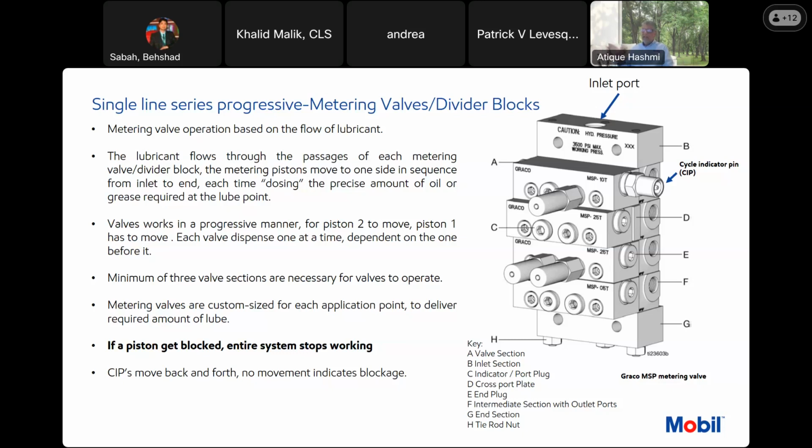But all 5 bearings have different grease requirements. For example, bearing 1 would need the lowest amount of lubricant per hour because it's a small bearing. Bearing 2 would have higher, and every one of the 5 bearings has a different requirement, needing a different amount of lubricant per hour.